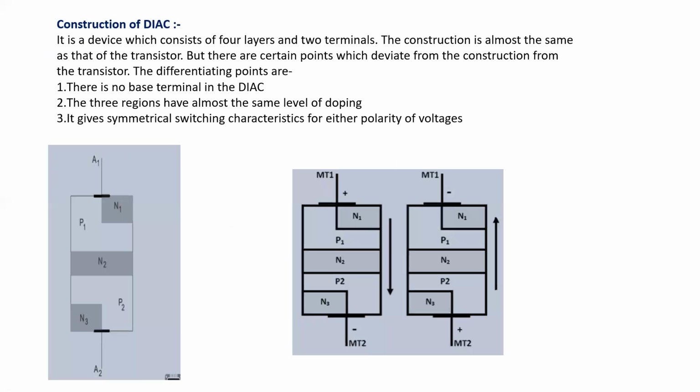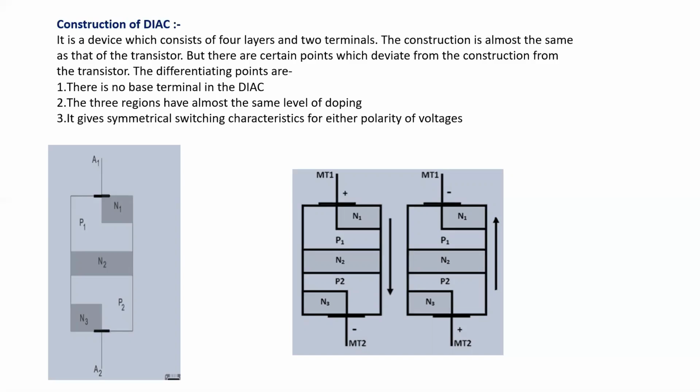Now let us see the construction of DIAC. As we know that DIAC is a bidirectional device, it has 4 layers and 2 terminals, MT1 and MT2, or anode 1 and anode 2. The construction of this DIAC is the same as that of the transistor, but there are certain points that we have to consider here.